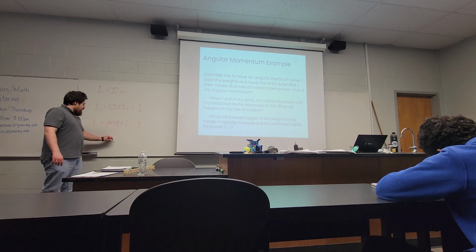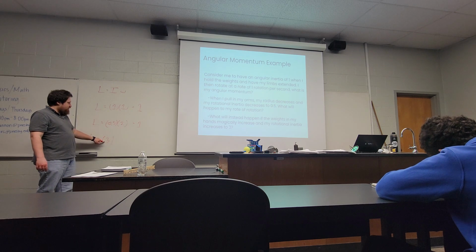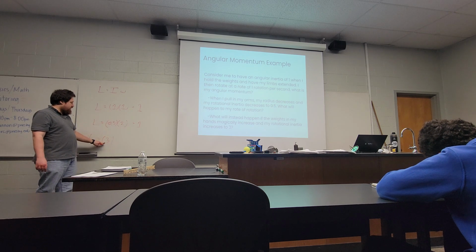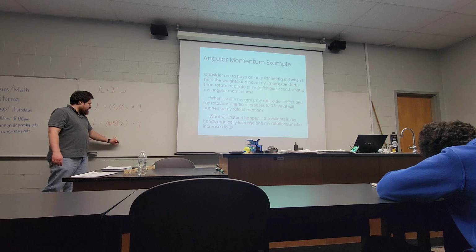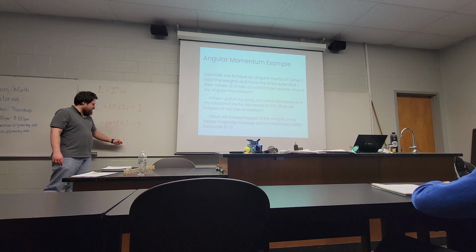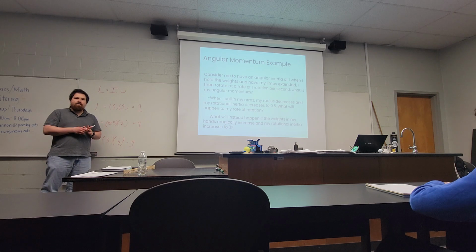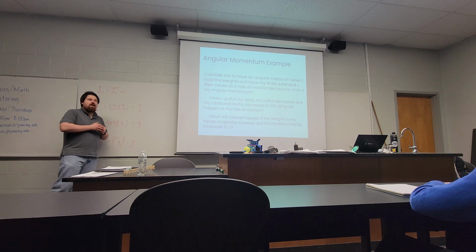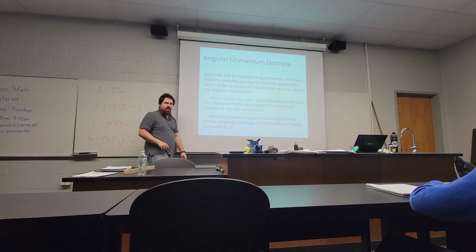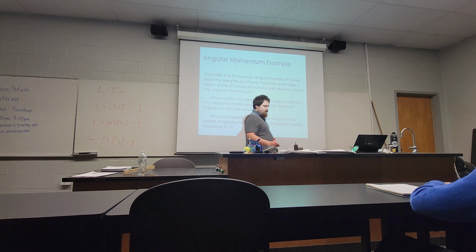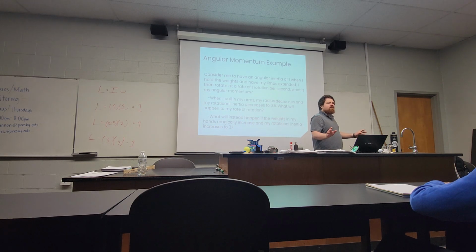If we instead increase my rotational inertia from 1 to 3, my rotational velocity is going to have to drop to 1/3 in order for the momentum to be the same. So I would begin spinning at 1/3 of a rotation per second. That all sound all right?